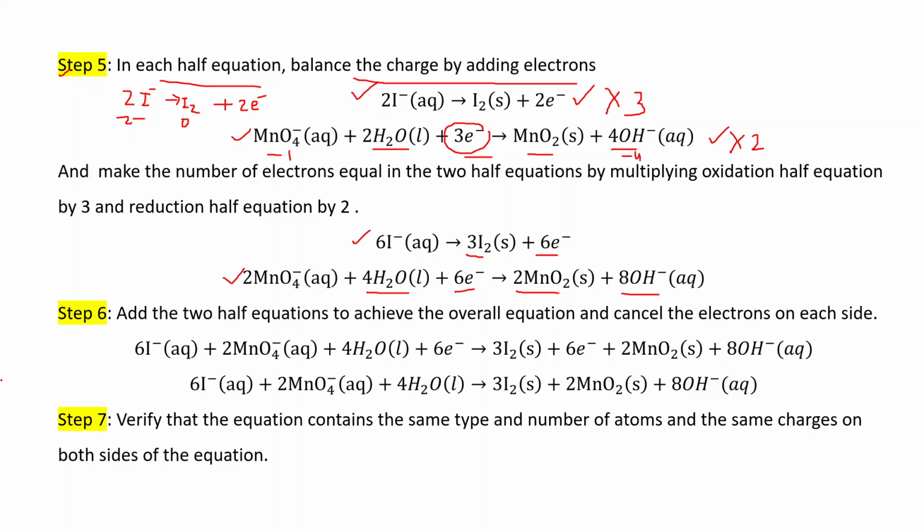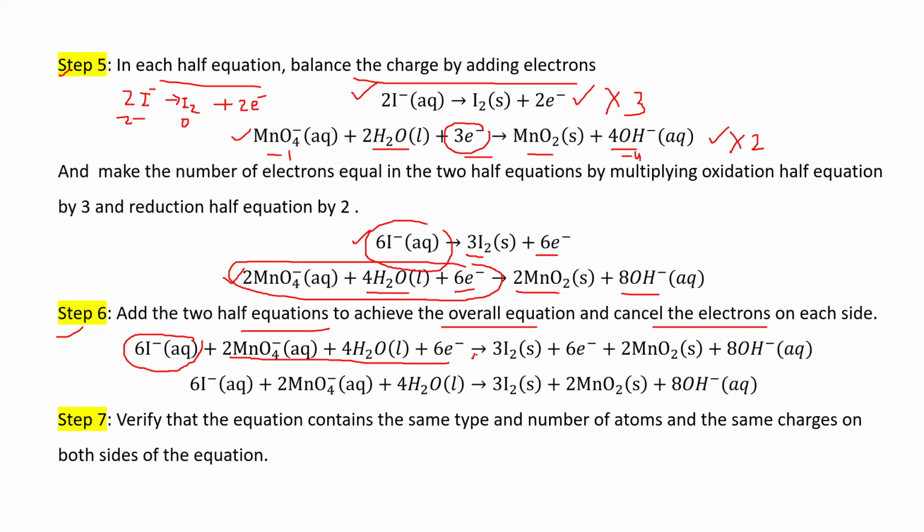Now step 6. Add the 2 half equations to achieve the overall equation and cancel the electrons on each side. For this purpose, first of all write the reactants of both the equations together. In the oxidation half reaction, the reactant is only 6I minus. So this is 6I minus. And in the reduction half reaction, the reactants are these. So write these reactants here.